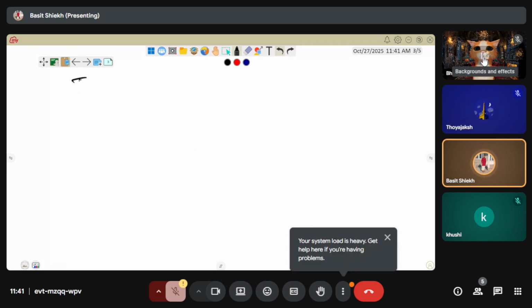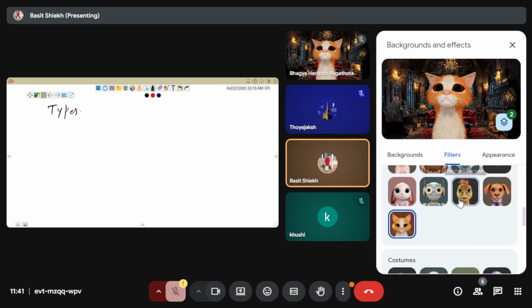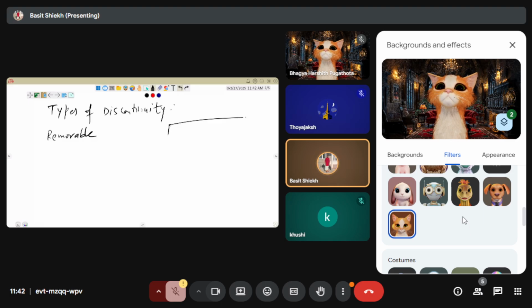Now we have types of discontinuities. Types of discontinuity: one is removable, second is non-removable.